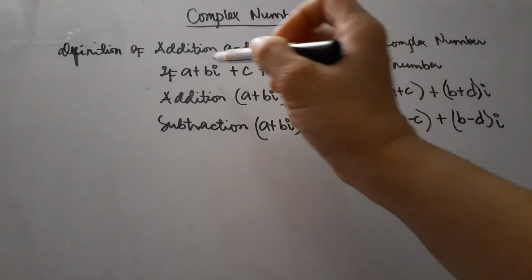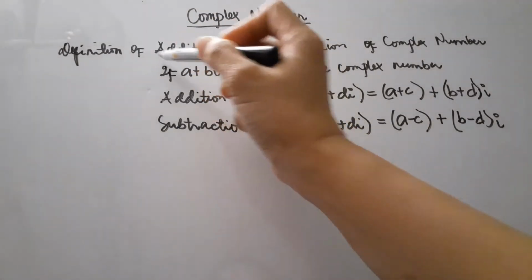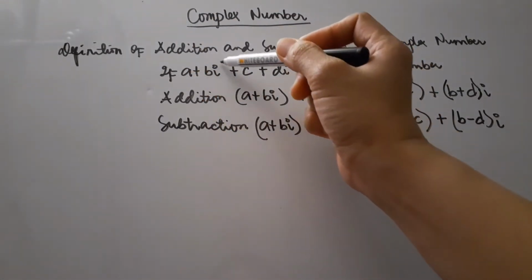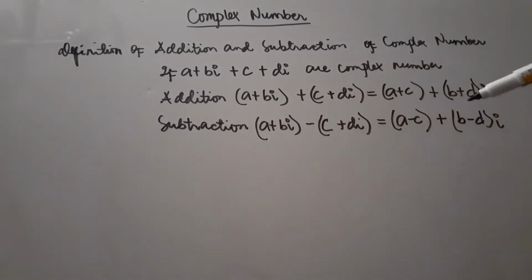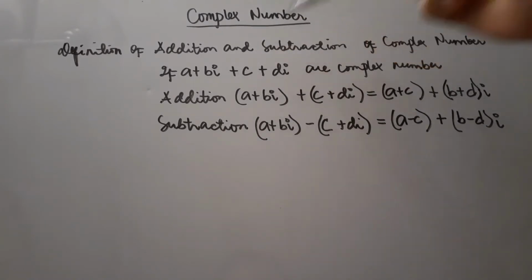And then we have the definition of addition and subtraction of complex numbers. We can use the rules and collect like terms. For example, if a plus bi and c plus di are complex numbers, then we follow these rules when we solve.